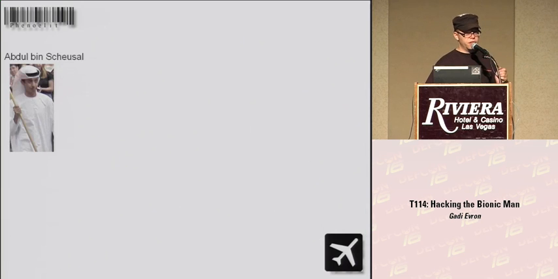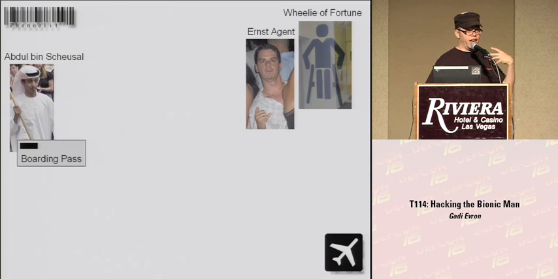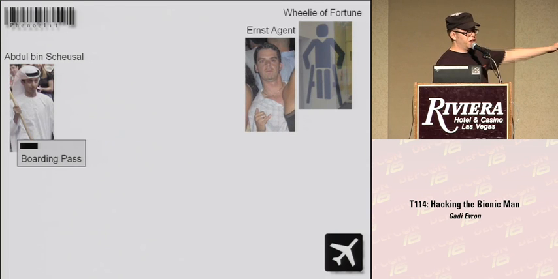So here's the scenario. We have this person that is considered a potential terrorist just because he wears blankets. And then we have his boarding pass. We have this other person who strangely looks like a government official in our country, who actually has an agenda, and wants to make this innocent blanket-wearing person look like a real terrorist.